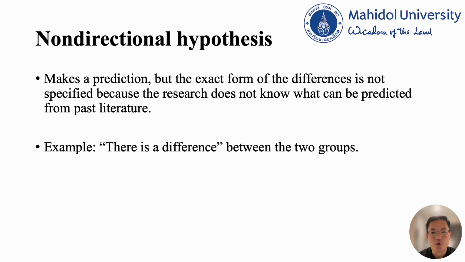A non-directional hypothesis is used when we believe there will be a difference, but we are not sure which direction it will take. For example, there is a difference between Group A and Group B. This type of hypothesis is more cautious and suitable when prior research is limited or inconclusive.